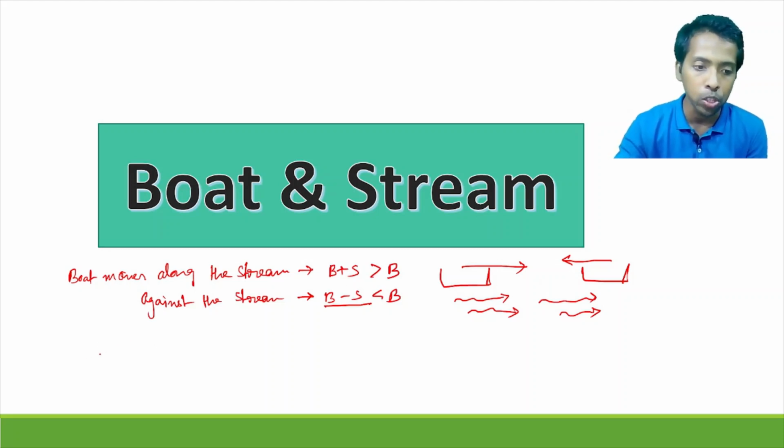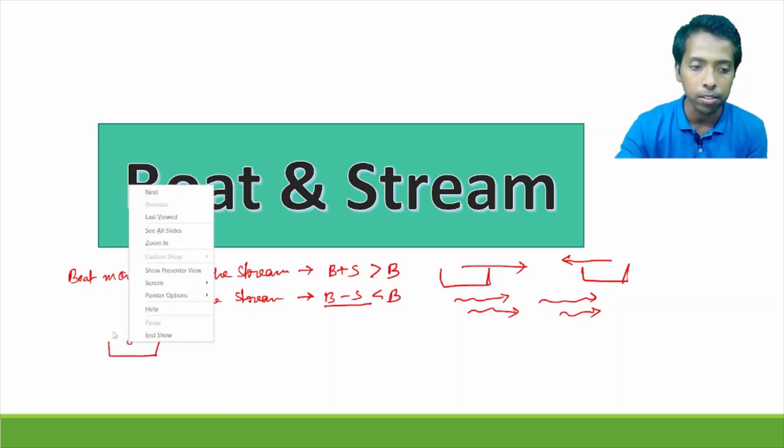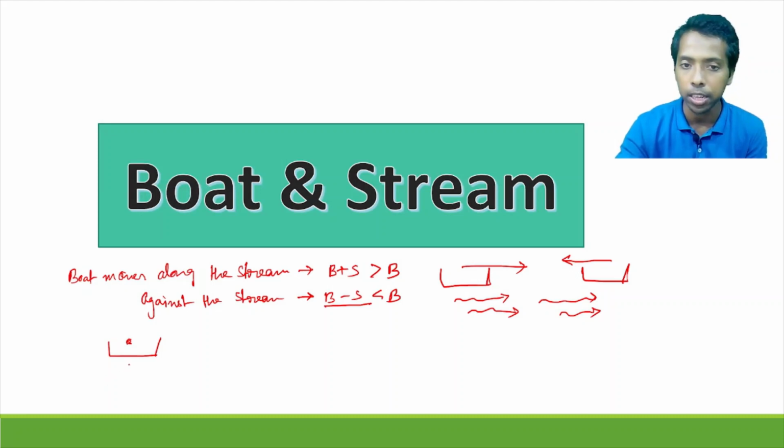Now moving to some different phenomena. Supposedly a boat is here, with a person within it, right? Now this boat is not moving at all. I am just writing a different setup here. This is the same boat, and the person is at this point, right?